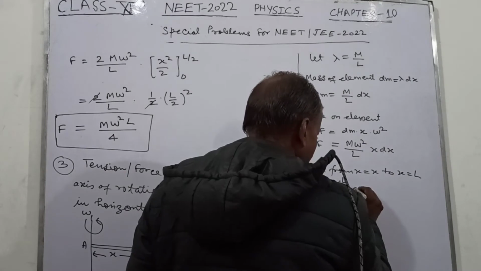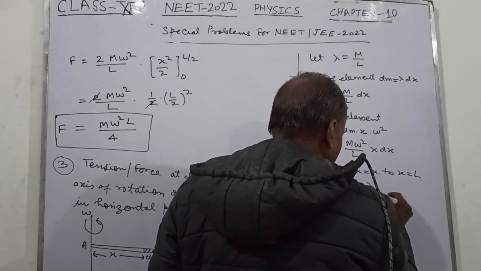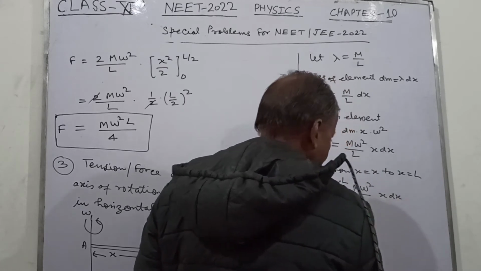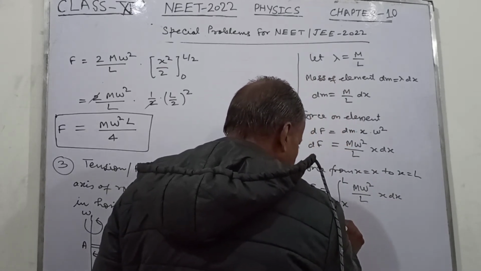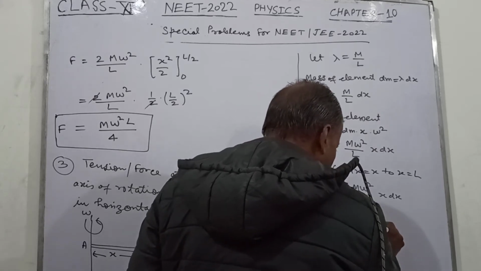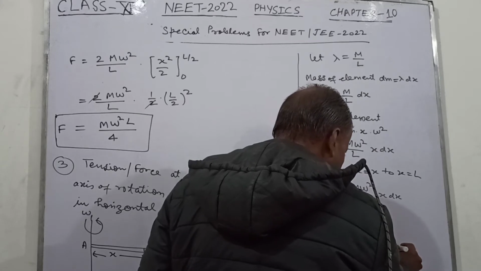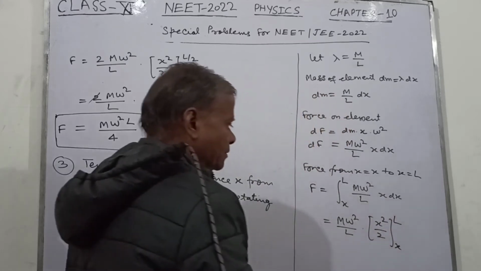So this is m omega square upon L into x dx, which gives m omega square upon L into x square upon 2, from x to L.